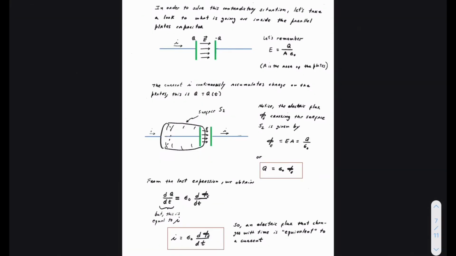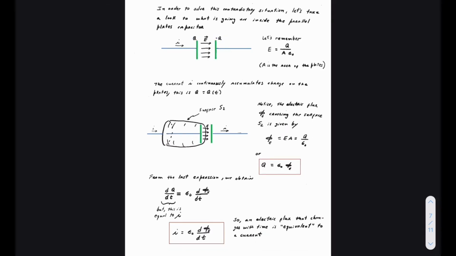So, in order to find out what's wrong here, let's find out what is going on inside a parallel plate capacitor. Now, the current I is continuously accumulating charge on the parallel plates. So, if at some point the charge on this plate is Q, then the charge on this plate should be minus Q.